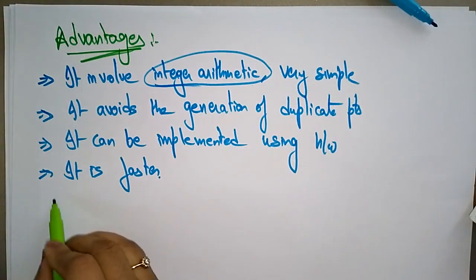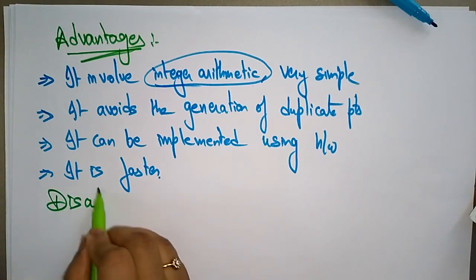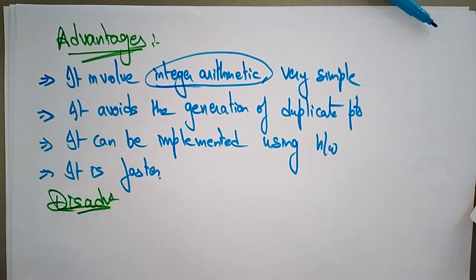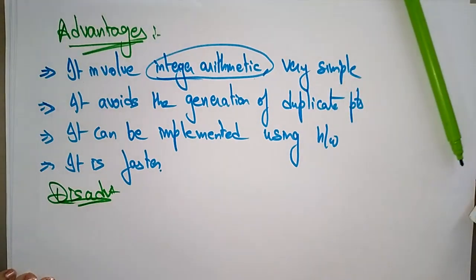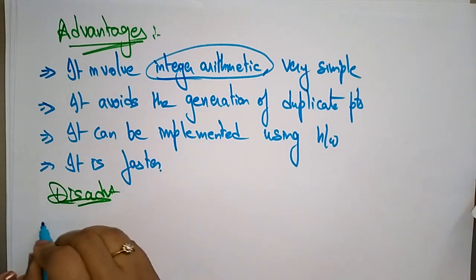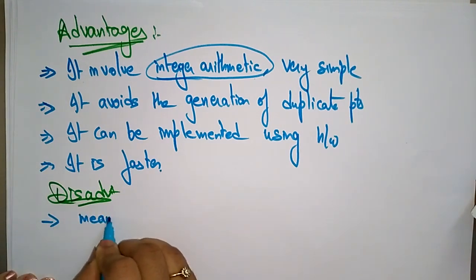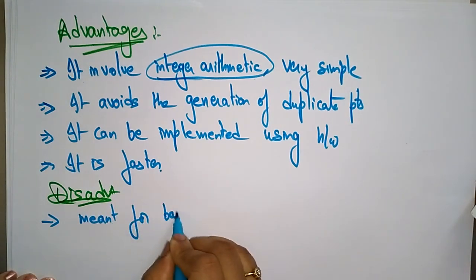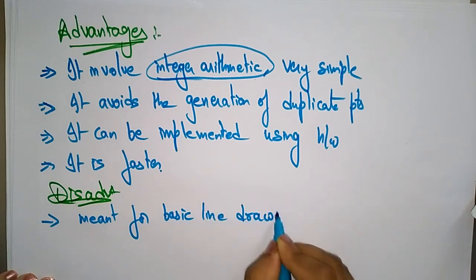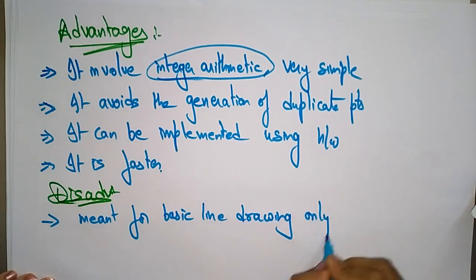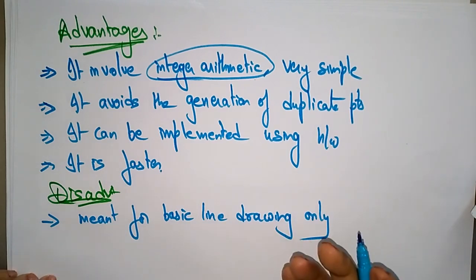Now let's see the disadvantages. What are the disadvantages of using the Bresenham's line algorithm? This algorithm is meant for basic line drawing only. That is the main disadvantage.